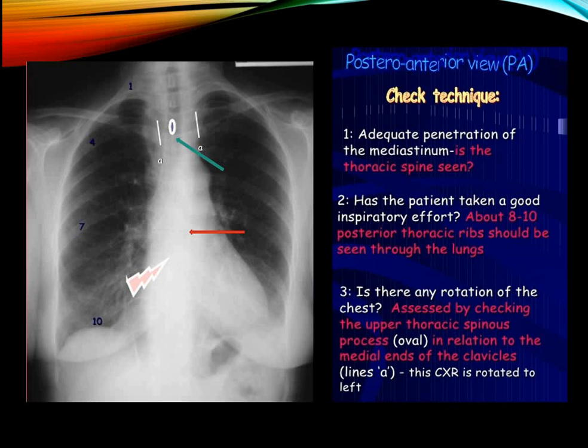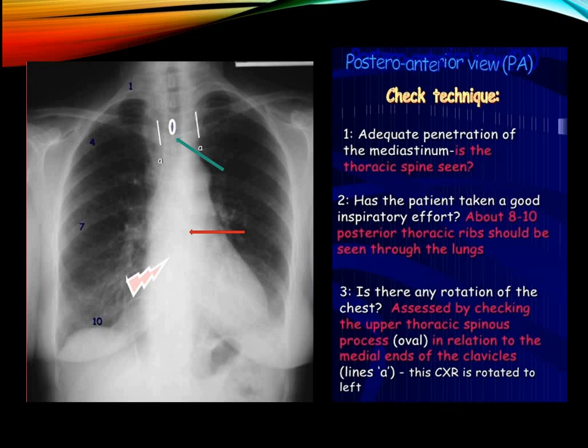The third thing is the rotation. The patient should be well centered in the midline, not rotating to the right or the left while taking the chest X-ray. How can we judge from the chest X-ray whether the patient was rotating while taking the X-ray? By looking at this oval wide structure, which represents the spinous process of the thoracic vertebra that is located between the medial ends of the clavicles.